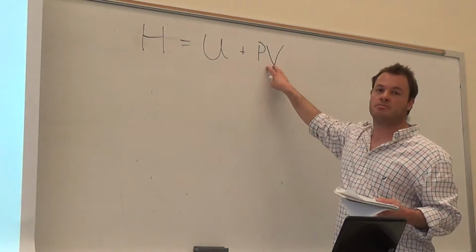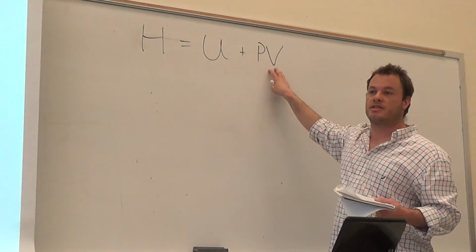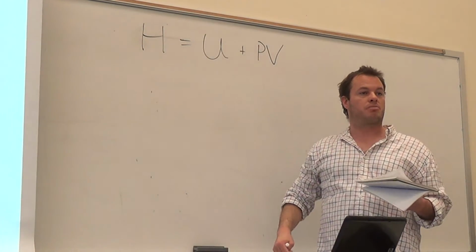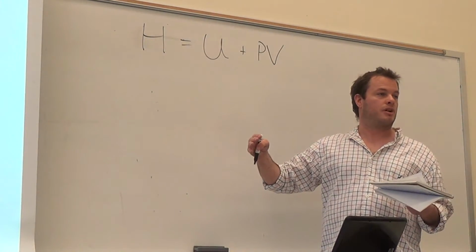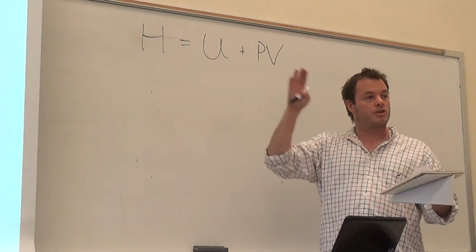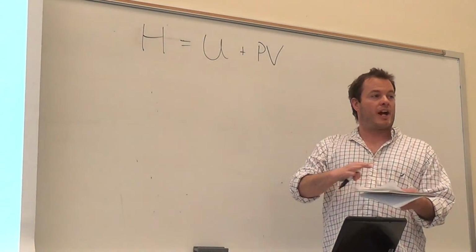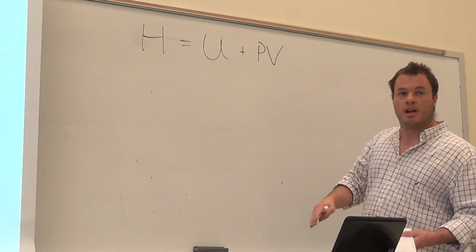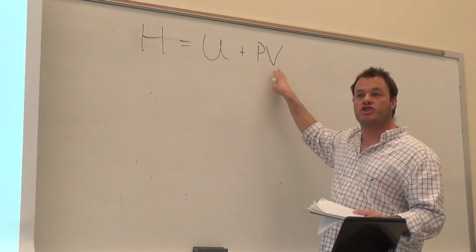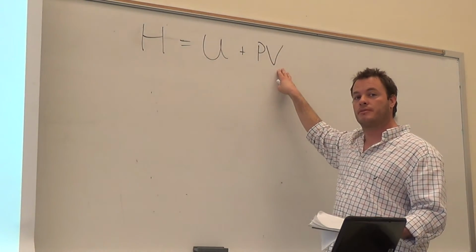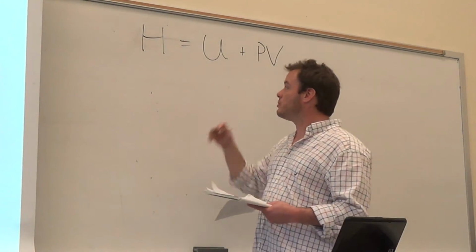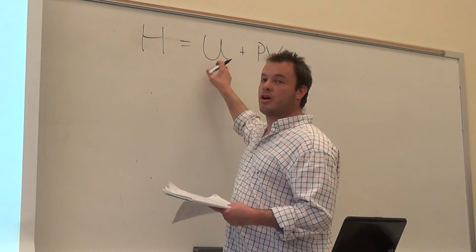Because that PV term adjusted for whatever energy was spent in a change in the pressure or volume of the system. In a constant pressure process, the pressure is constant, the volume changes, but there's a work associated with expanding or contracting against an external pressure. And so that PV term was the term that we added to the internal energy to account for energy changes associated with pressure volume work, right?